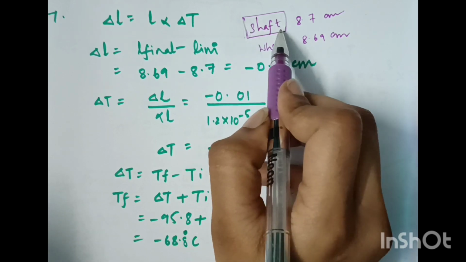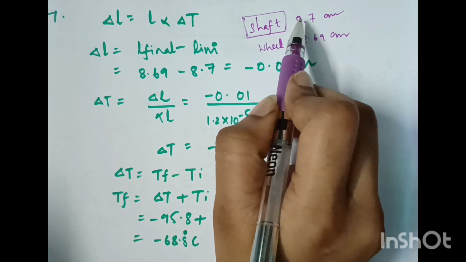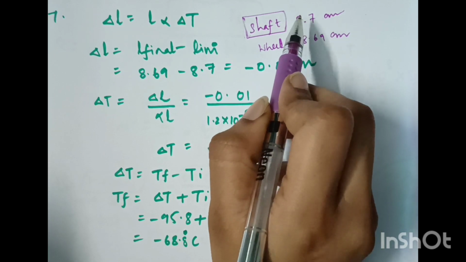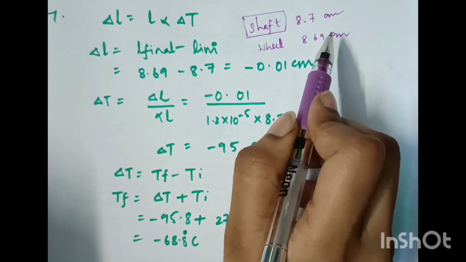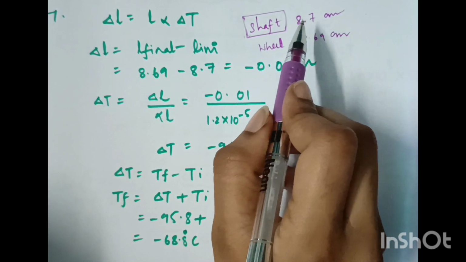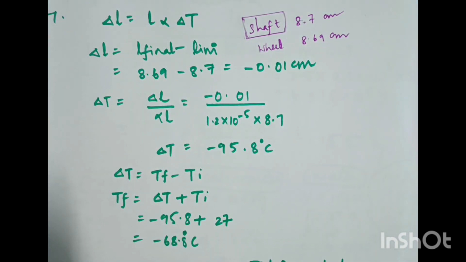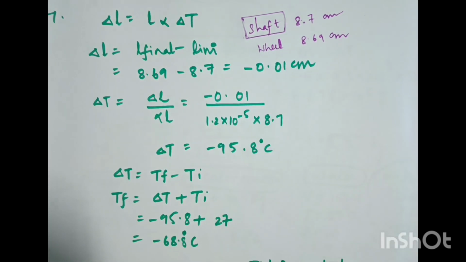For the shaft, the initial diameter was 8.7 centimeter. Now we are going to cool the shaft, so there will be a contraction taking place. So its final diameter will be 8.69 centimeter. So delta L is 8.69 centimeter minus 8.7 centimeter, which is minus 0.01 centimeter.